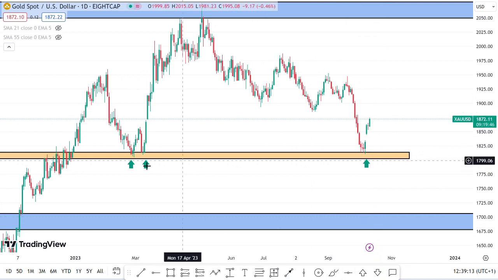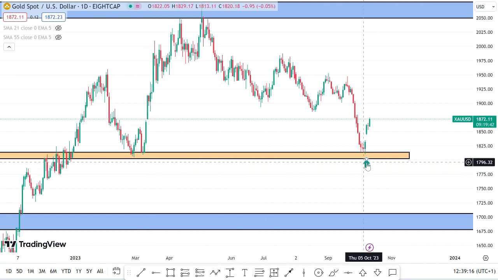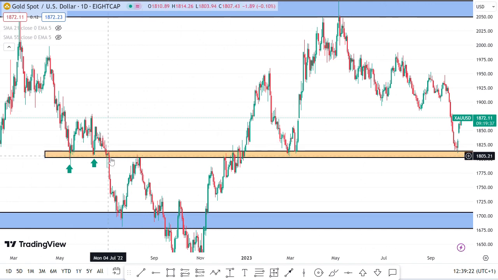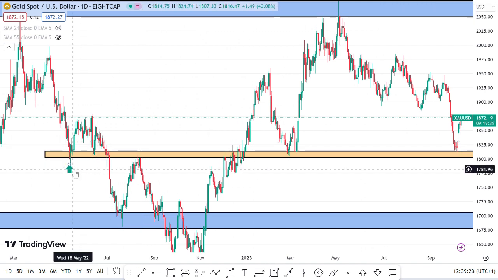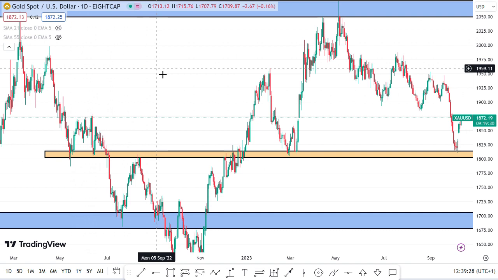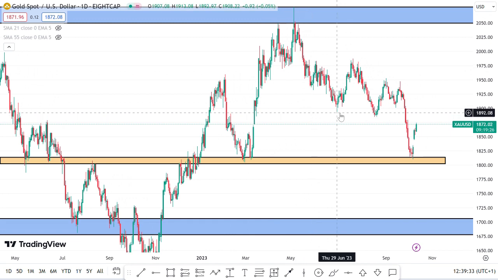And as you can see, now I'm going to add another tool. But before I add another tool, I want to show you guys an indicator I use. I use the 21 EMA and 55 EMA to determine the speed of the market.